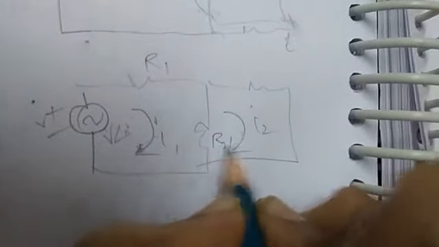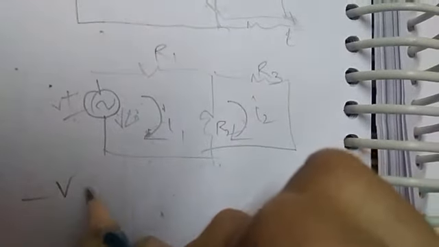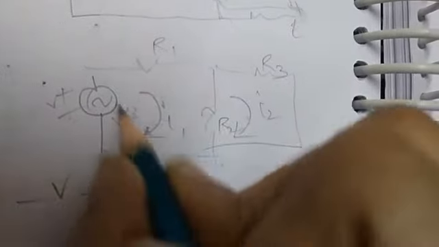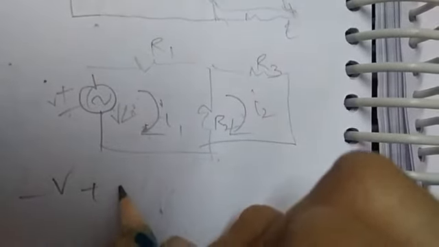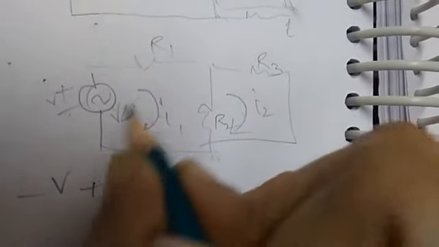For my ease of convenience I am representing the resistances, where my arrow mark touches, I give the voltage magnitude. So it touches negative, then plus, so current I1 and R1.